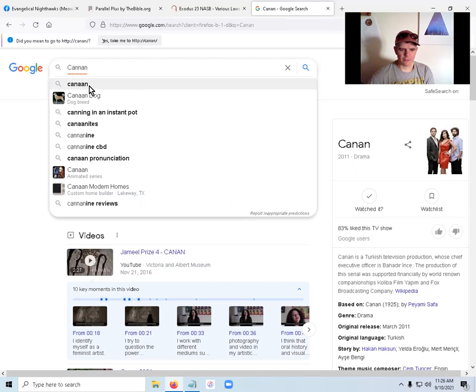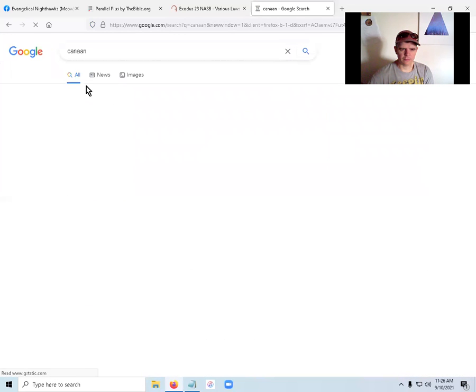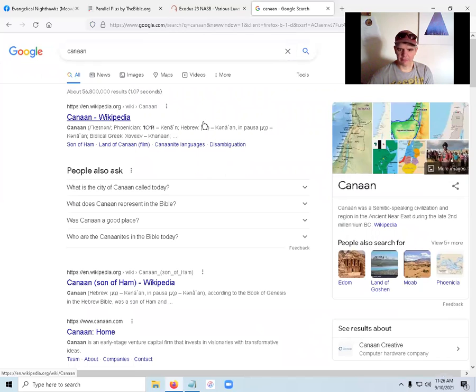Canaan, Wikipedia. There's pictures. Oh, Edom, that's another place in the Bible. Goshen is a place. Moab is a place in the Bible. This right here looks like the coastline of Israel. You can't see it, but it says Egypt. I promise it does.